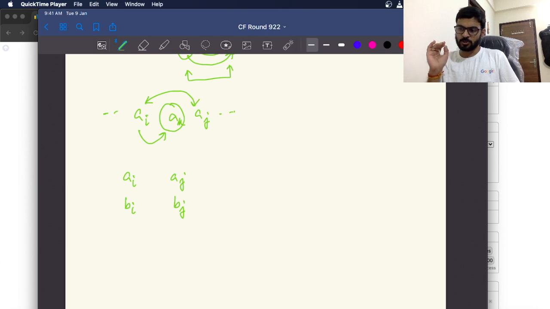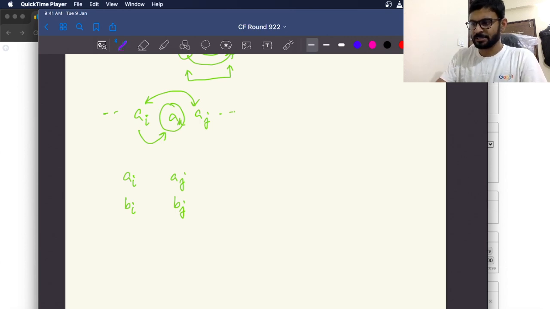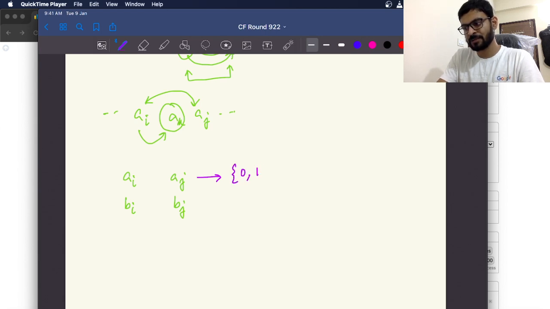What is the best I can do? AI less than AJ and BI less than BJ. If both are lesser, that means it is the best thing. But often it is not the best. What are my possibilities? Over here, either I'll have an inversion or I will not have an inversion, yes or no? Over here also the same possibility.